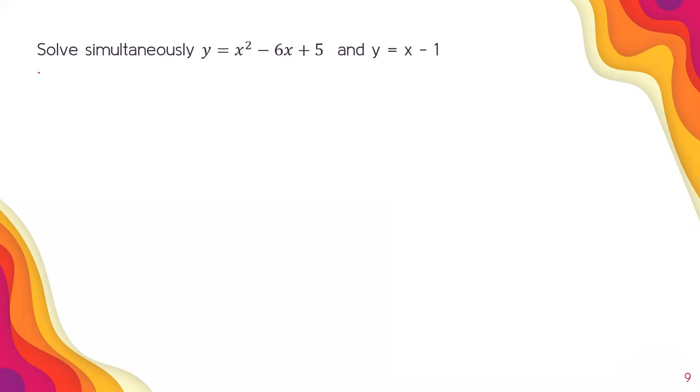Okay, the intercept points of this equation consist of (5,0), afterwards (1,0), and (0,5).